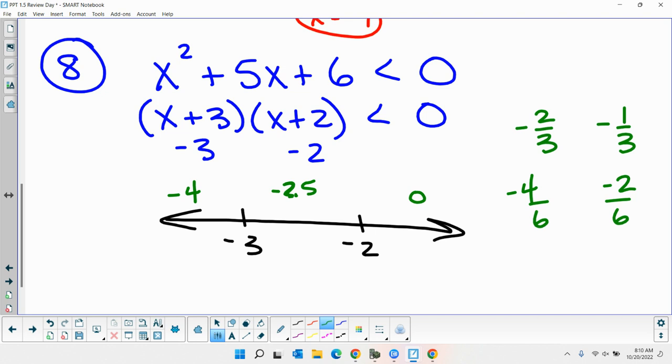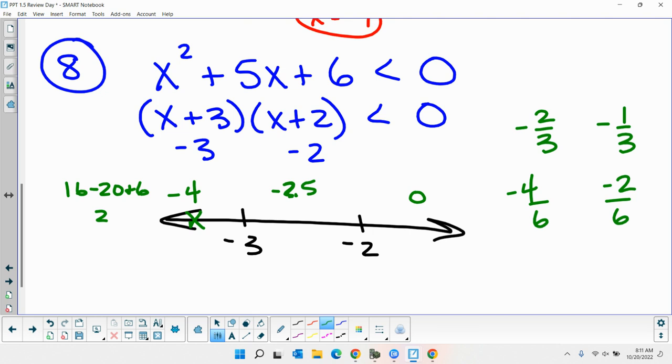All right, going back to this, -4 squared is 16. 5 times -4 is -20, and then plus 6, which would be -4 plus 6, positive 2. Does that work? No. Let's look at the 0. Usually, if this end doesn't work, that end doesn't work.